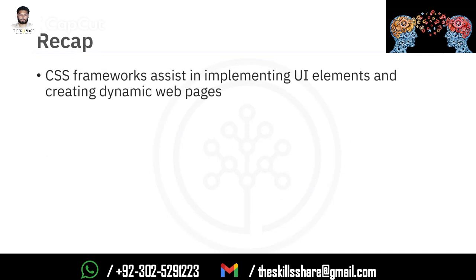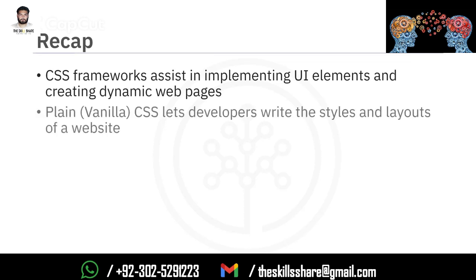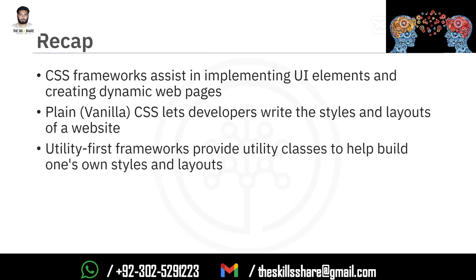In this video, you learned that CSS frameworks make it easier to implement UI elements and create mobile-friendly web pages. Plain or vanilla CSS lets you write all of the styles and layouts of a website on your own. Utility-first frameworks provide you with utility classes to help you build your own styles and layouts.